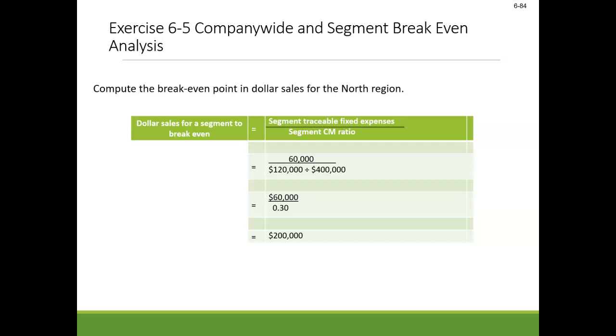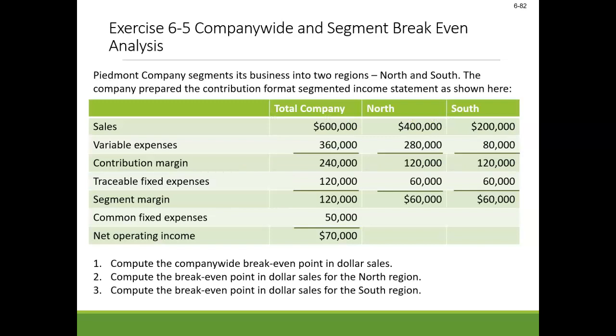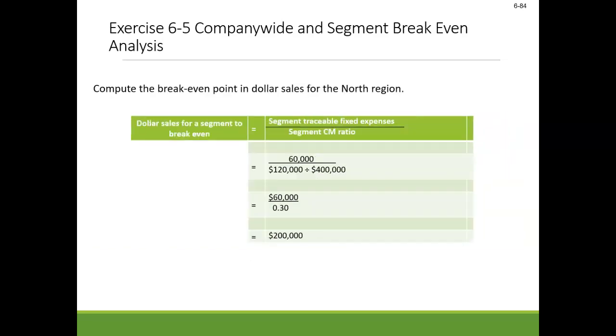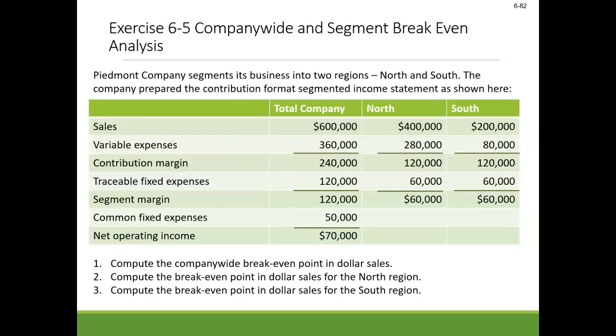Okay? For the North region, if we compute the margin and look at their traceable costs of 60,000, we've got to have sales of 200,000 just to break even.